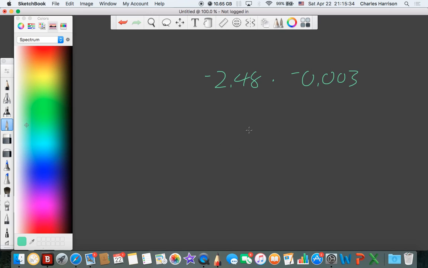Basically, if the number, we'll call it x, is greater than 0 and less than 1, then we're going to get a really big number if we're dividing by this number. This also holds true if it was greater than negative 1 and less than 0.